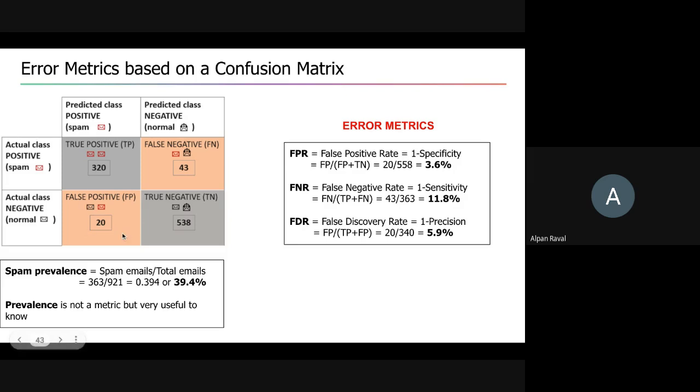So it's an error rate. Similarly, the false negative rate is the proportion of actual positives that are predicted to be negative. Again, an error rate. So false positive rate is 1 minus specificity, false negative rate is 1 minus sensitivity, and then there's something called the false discovery rate, which is 1 minus precision. And you can calculate all of these for the same data set.